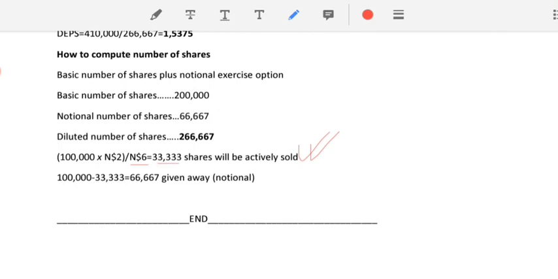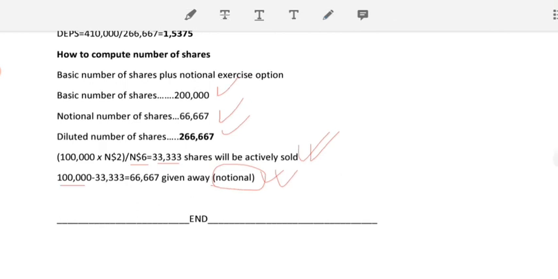Okay, if this one will be sold, how much will be given away for free? We'll say 100 minus the 33.333, we will get 66.667, and this is the notional, the one that is given away. The one that is given away is the notional, and is the one that we will add to the 200 we have here as a basic. We get the diluted number of shares, which is 266.667.